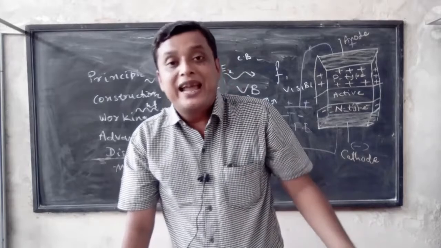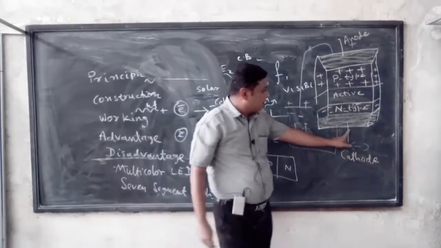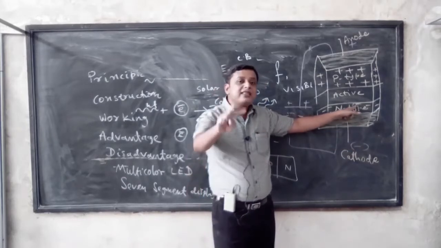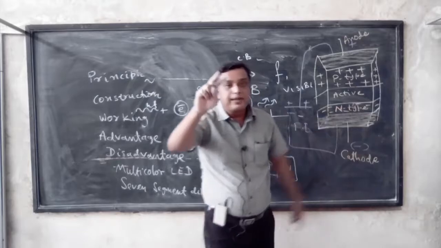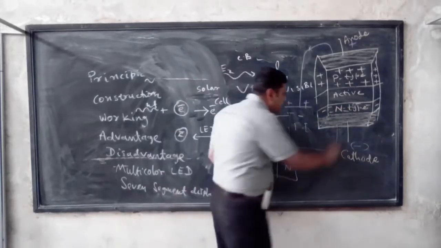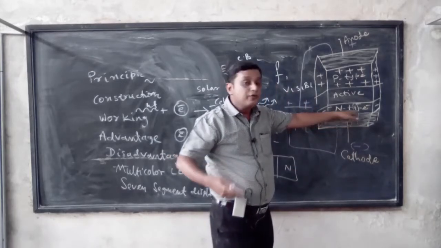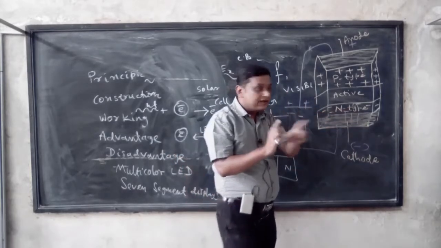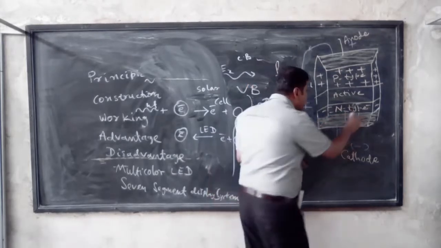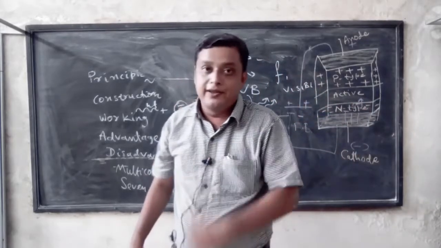What should be the reason behind the decrement? The reason is that here we have negative charges, and between these two negative charges there will always be repulsion. So at this side, we have more and more repulsion through this charge. These electrons from the N-type region are pushed out towards the depletion barrier due to the repulsion.